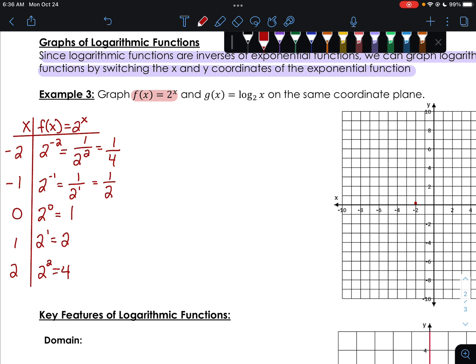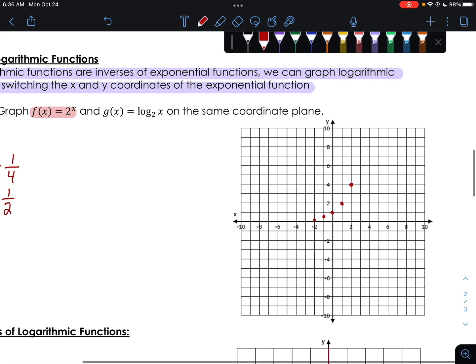I have -1, 1/2, which is about right there. And I have 0, 1, 1, 2, and 2, 4. So what we're going to do is connect the dots to the best of our ability. Should look something like that.